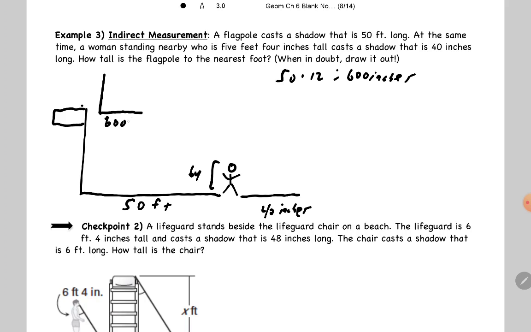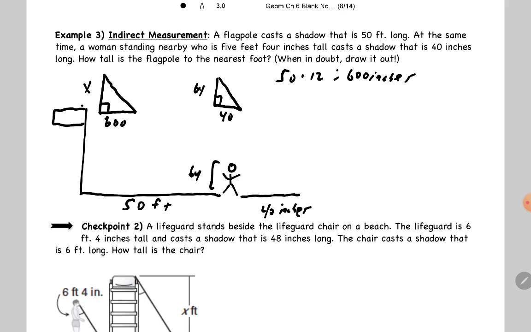So this is 600 inches, and this is what we're looking for. We're looking at the top of the flagpole. Now if we just connect these two, we have a triangle here. And we have a right angle there. And then we're going to do the woman here, 40 inches, and then 64.